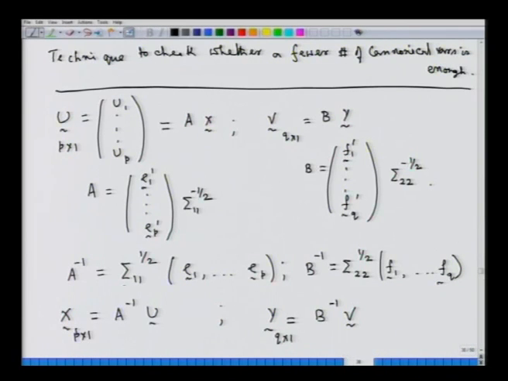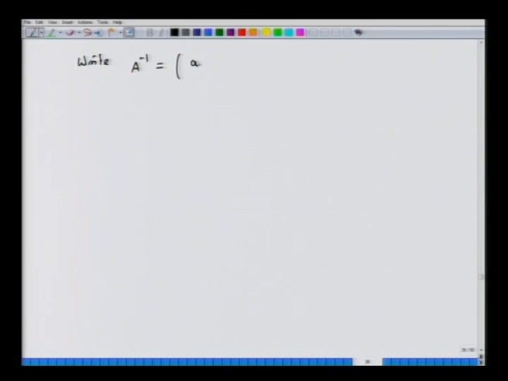Now, these two expressions for x and y are going to lead us to an important observation. If we write A inverse and B inverse in the following form, we get something very nice. Suppose A inverse is this p by p matrix, and we write it in terms of its columns as A1, A2, up to AP, the pth column.